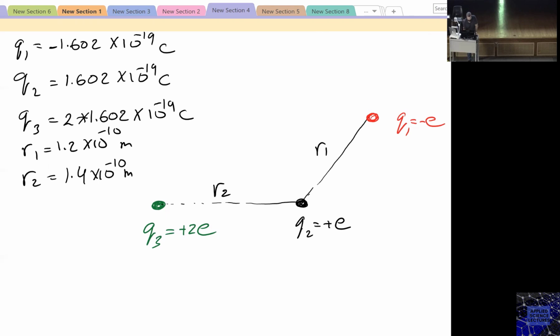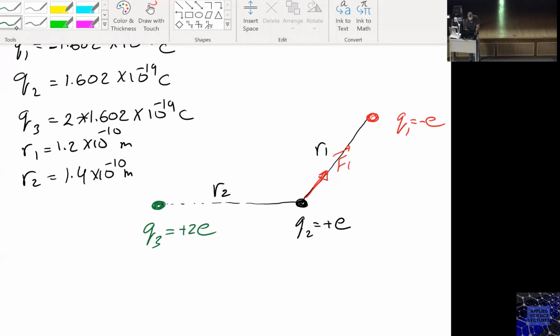So in this case, if it's an attractive force, then it should be pointing toward Q1. And I will call this one F1, attractive.